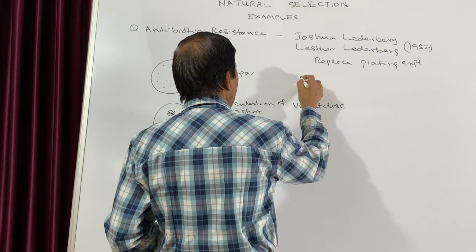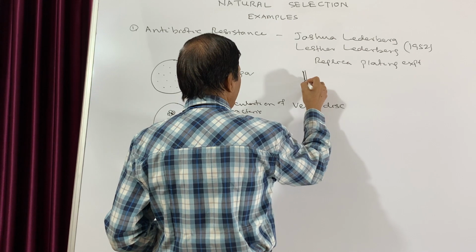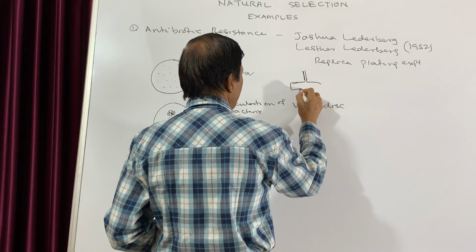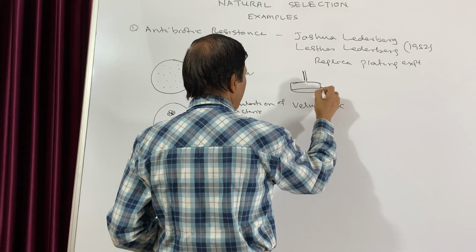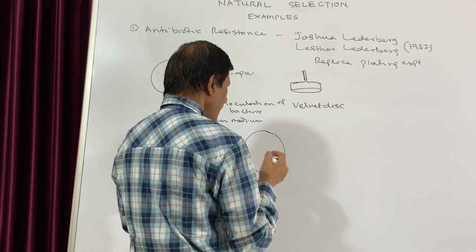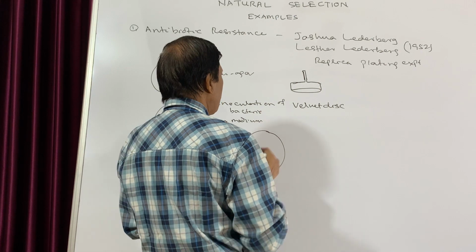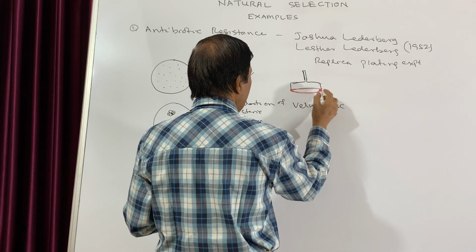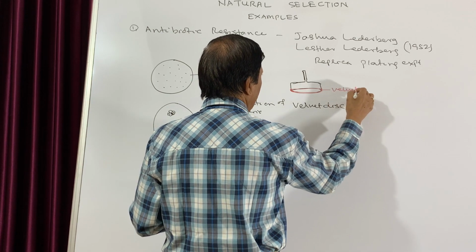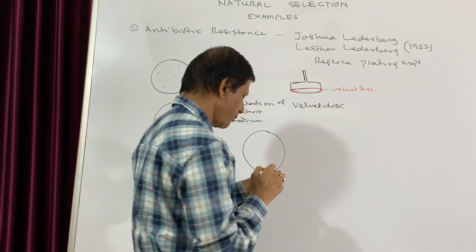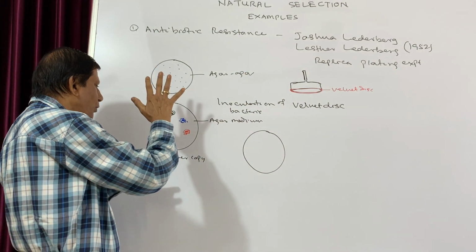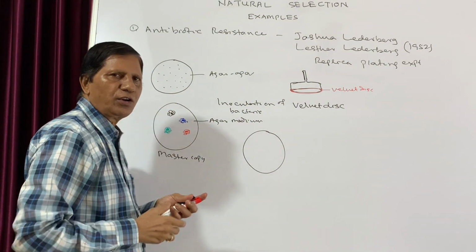Suppose this is one wooden frame, and to this wooden frame one velvet disc is attached. This is the velvet disc. Now this velvet disc will simply be put on this master copy.